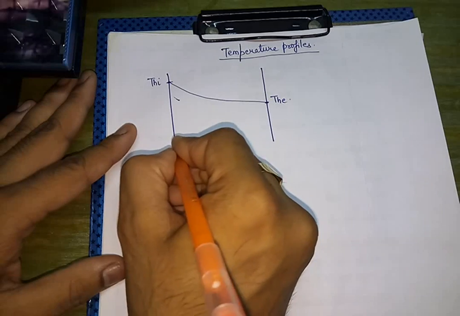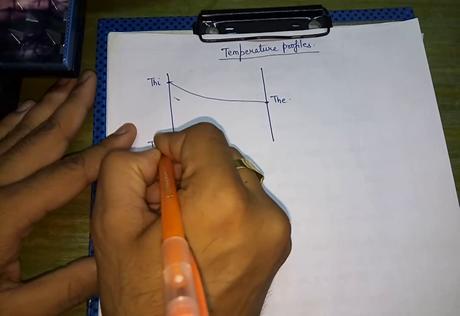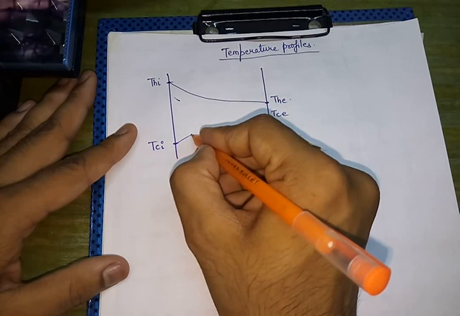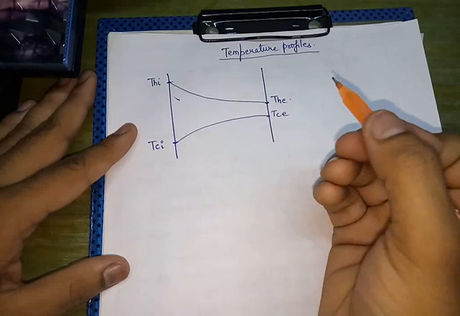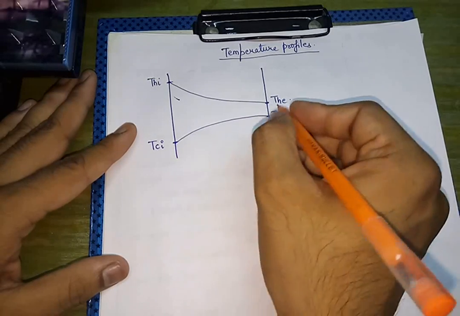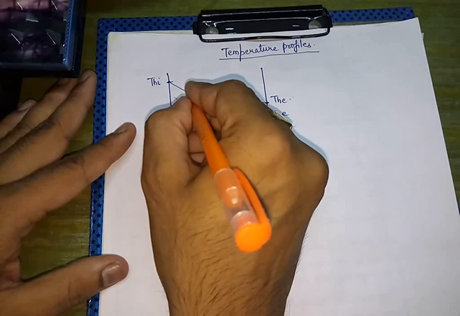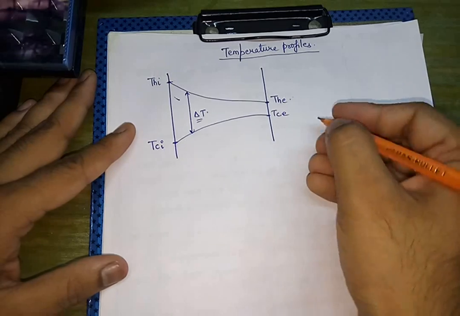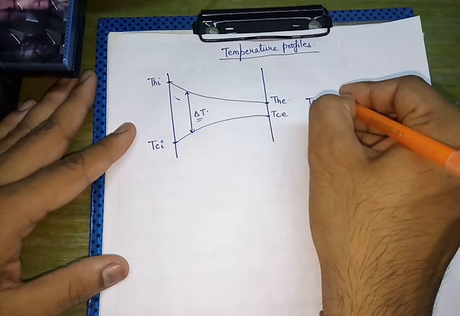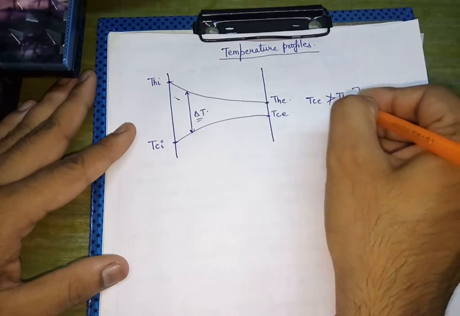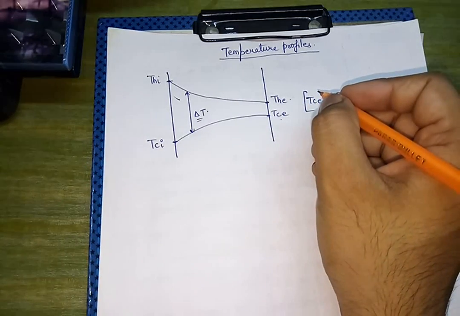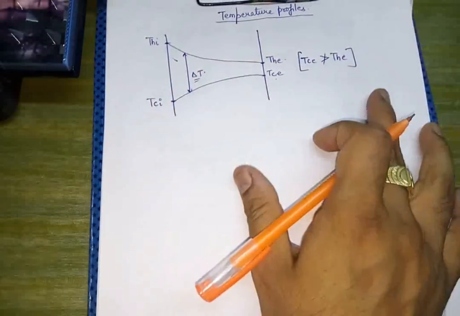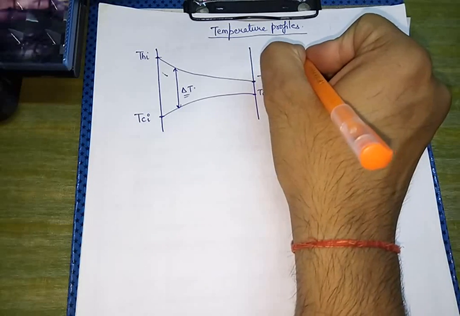Now at some point we are having temperature of the cold fluid at inlet and temperature of the cold fluid at exit. It will be like this. So this will be the temperature profile of the hot and the cold fluids, and this will be delta T, and this will be delta T. Now we can see that Tce can never be greater than The. Now this was for the parallel heat exchanger.